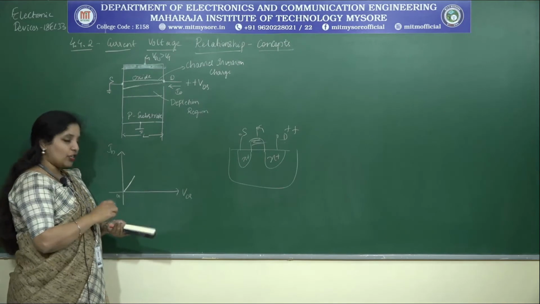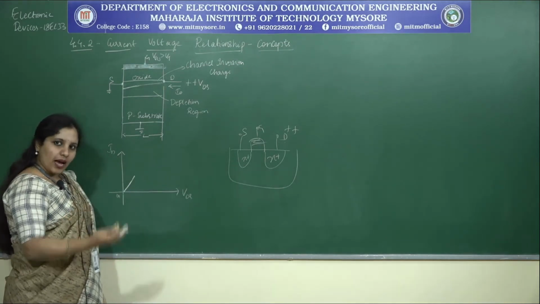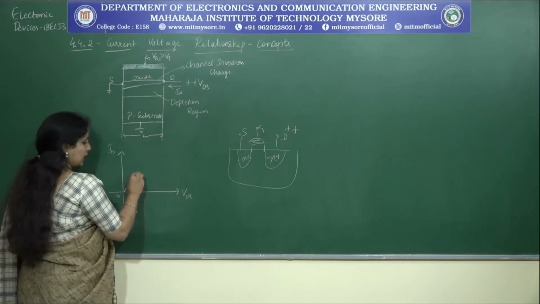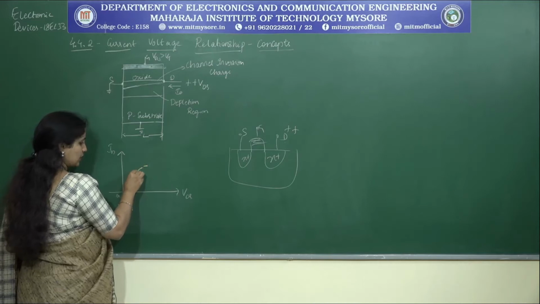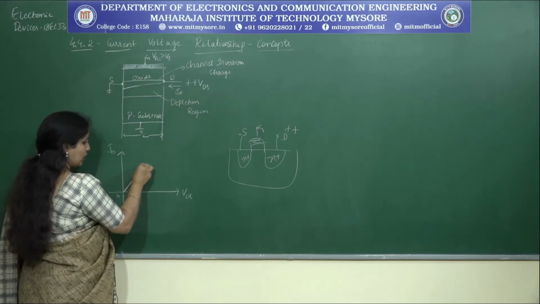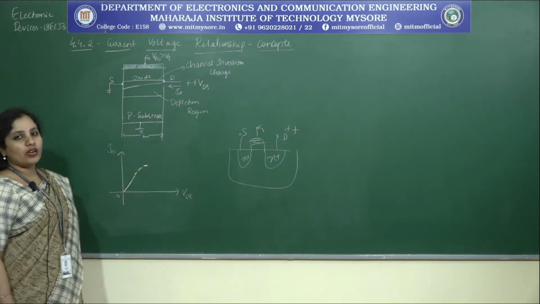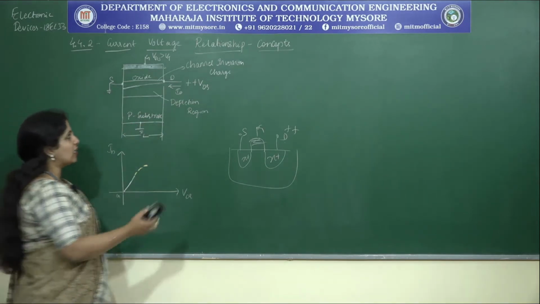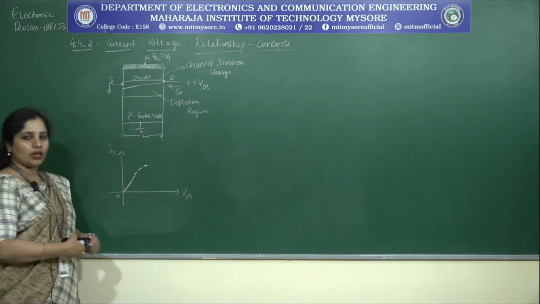As a result, I need to indicate that change in the channel resistance. That is indicated by the curve just like this that I have represented. Done. And this is when I increase the positive potential across the drain terminal.